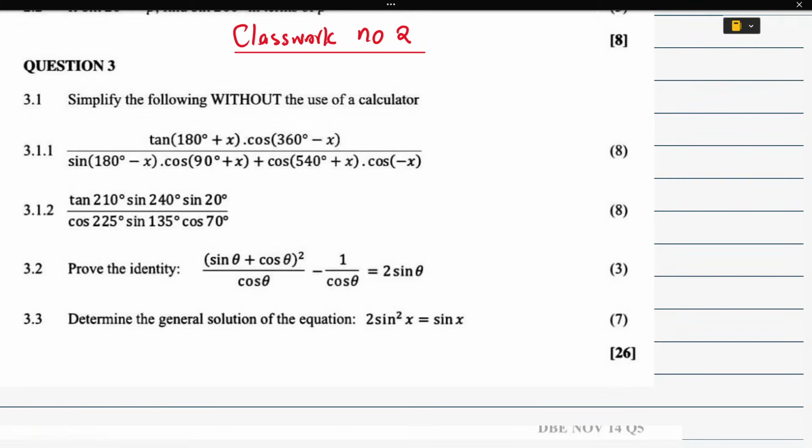That's the tip I gave you. If sine is on the right, take it to the left, take out a common factor of sine, determine the general solutions. You can win. Okay?